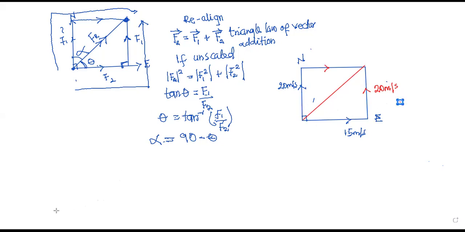Godfred, are you fine? Then I can say that the resultant will act in this direction because this is coming here and this is coming here. So obviously they are all coming to this point. So the resultant must be from the tail of this to the head of this. This becomes F resultant.